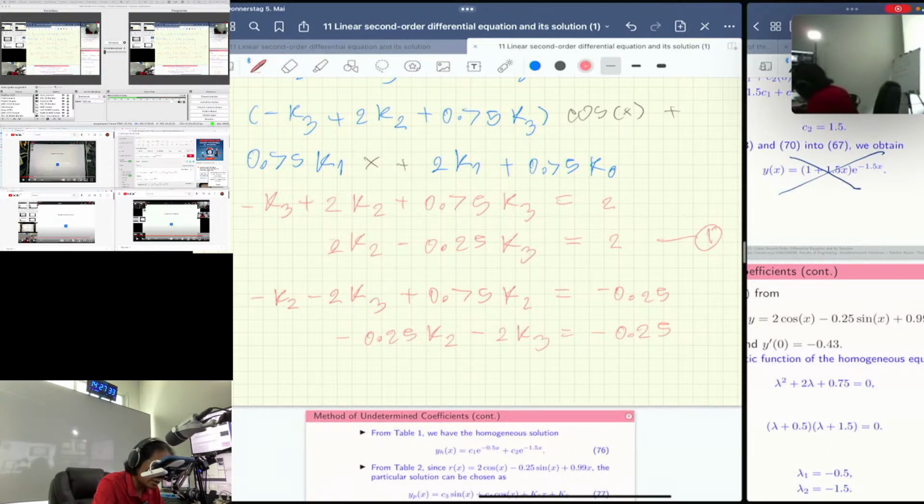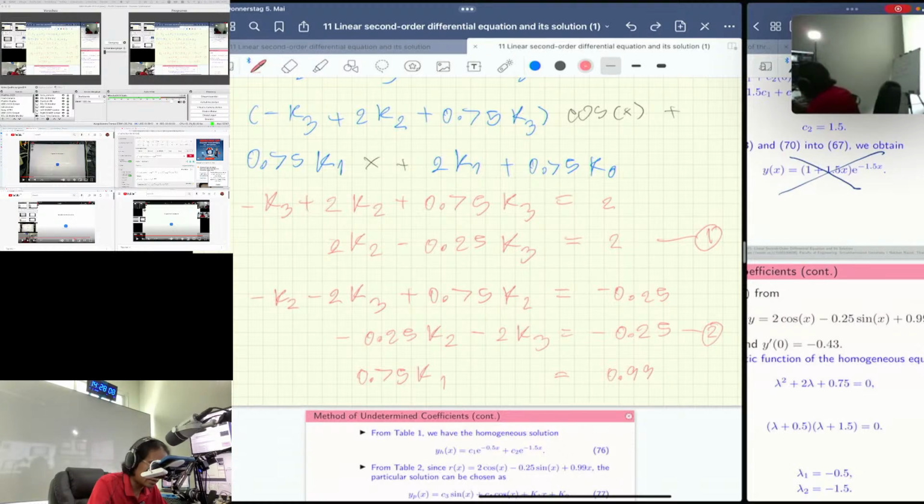That's the second equation. And for the x term, the x term will be 0.75 k1, no plus, it will be simply equal to 0.99, right?